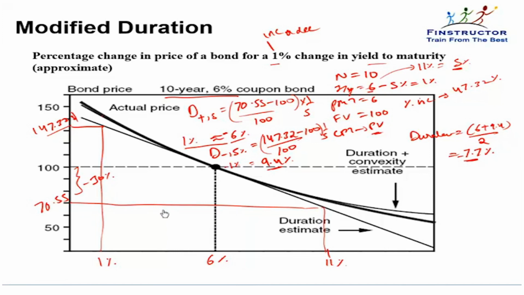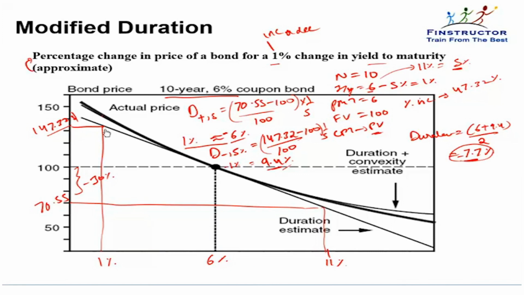Now, we see that this calculation is wrong, because exactly the price change is different in the case of a yield increase and a yield decrease. Hence, duration is exactly defined as the approximate change in price for a 1% change in yield.